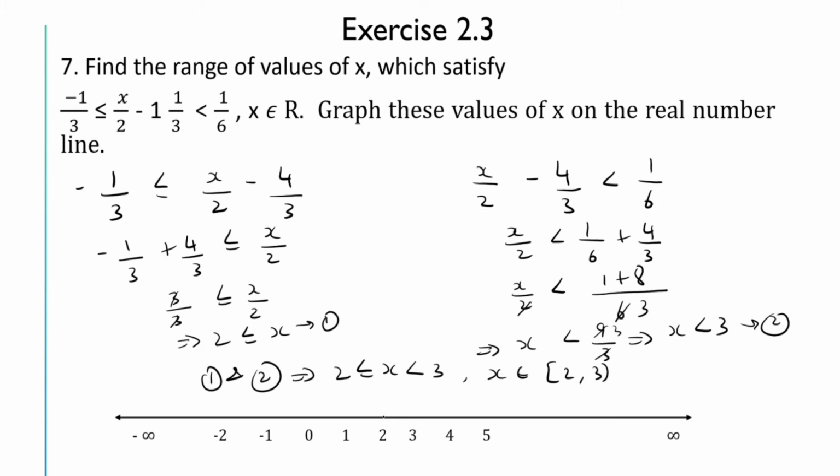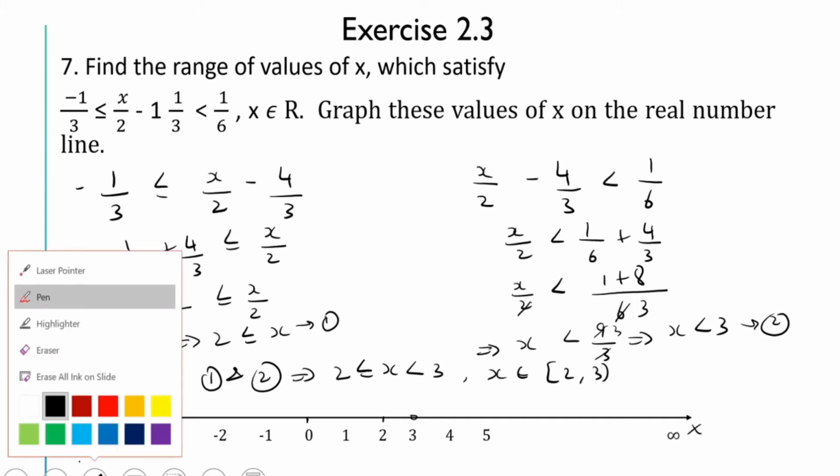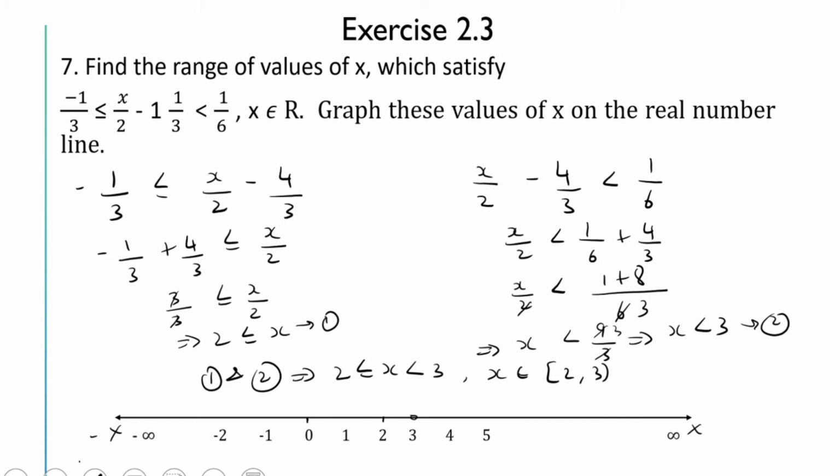So here this is the negative side and this is the positive side. This is the origin. 2 is included and 3 is not included. So these are the values of x on the real number line.